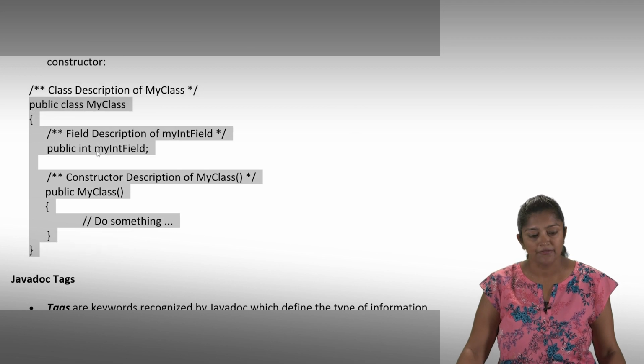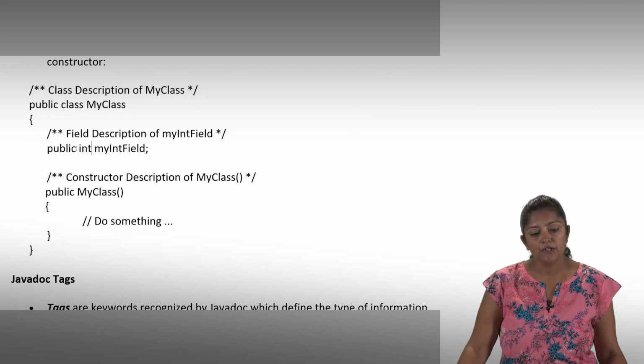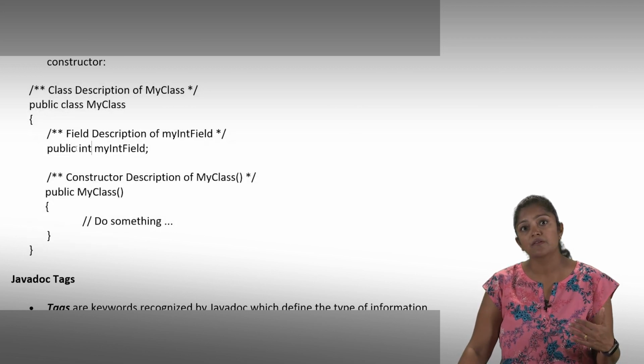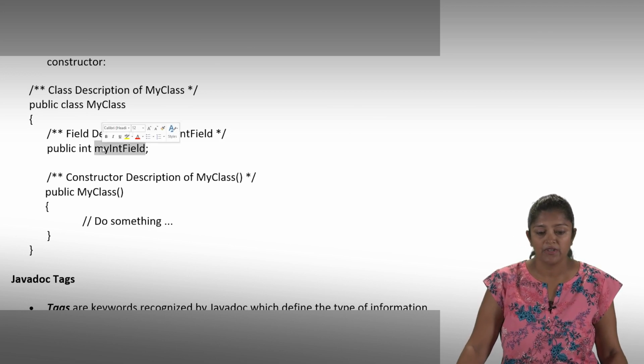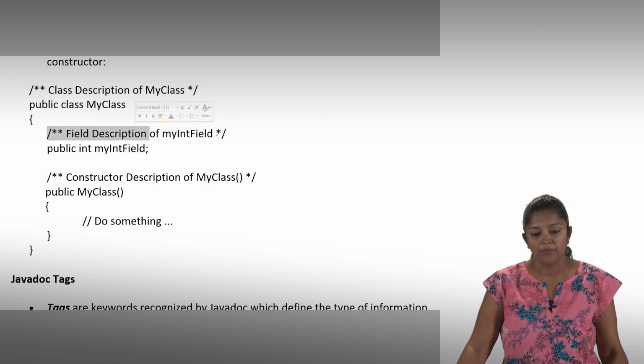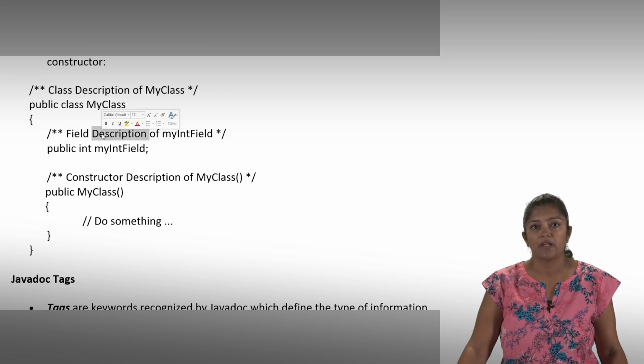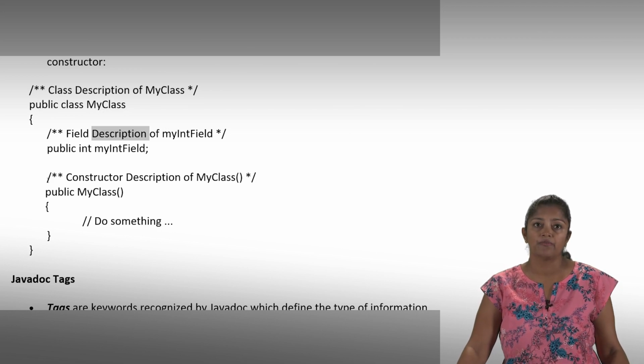The next thing that you can do is provide a description of all the data members of your class. In this case, we have an integer data field called myIntField. So we specify a Javadoc description above it, specifying the purpose of that field. Next, in a similar manner, you specify descriptions of all of the methods.